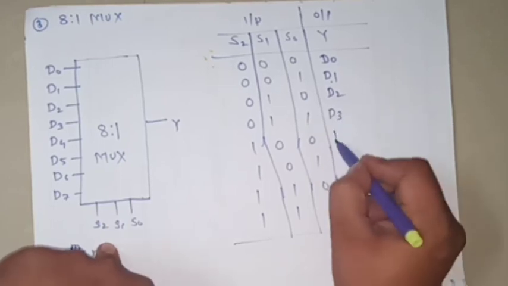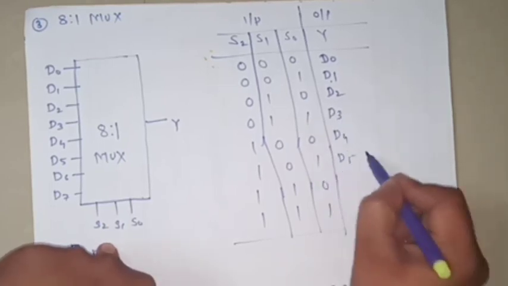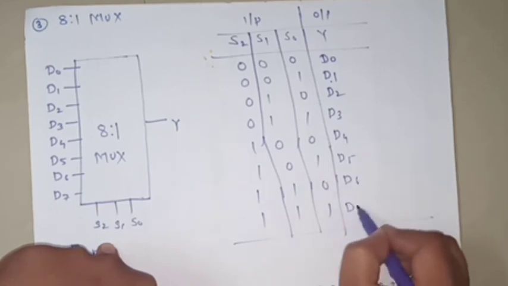Likewise D3, D4, D5, D6 and D7. Okay, so this is the simple truth table for the 8:1 mux. We can also draw the truth table in detail by taking all the possibilities of the D0, D1, D2, D3 values, as we saw previously in the case of the 4:1 mux.